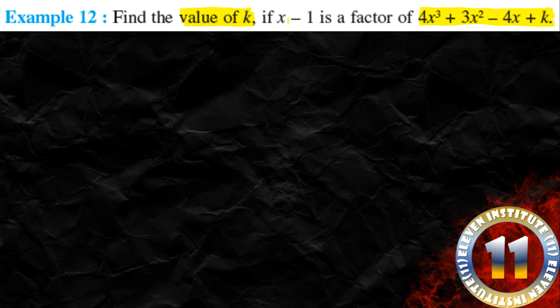We have to focus on this line. x minus 1 is a factor of p(x). You only need to pay attention to this one thing, that x minus 1 is a factor of this polynomial. If you apply the factor theorem on this, you will get your answer, right?